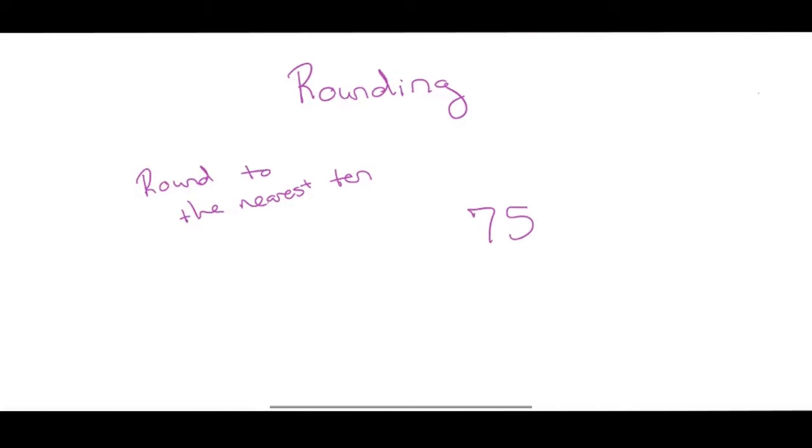Let's say we have 75, and I want to round this to the nearest 10. Remember that 7 is in the tens place, and 5 is in the ones place.